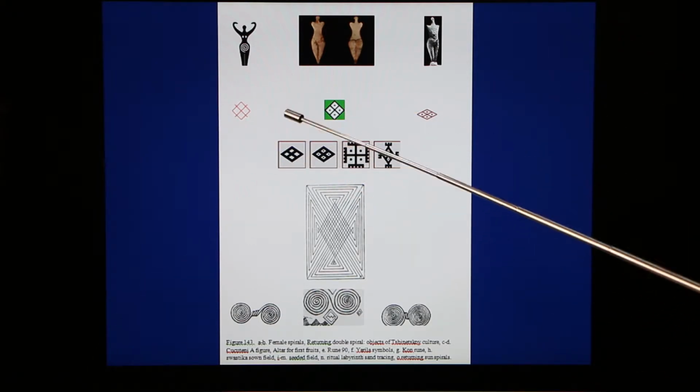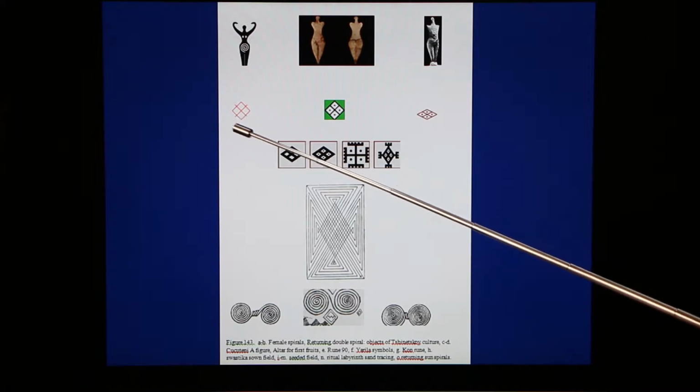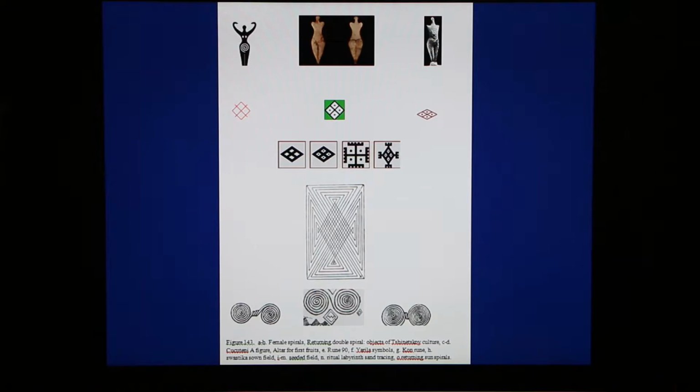And then we have this symbol, which we saw yesterday again, of the diamond shape with a square. That is called the field, but it's also the womb. And you get various versions of that. And you get very complicated dances where that creates a kind of labyrinth. And then you get versions that look like this, and like this, and like this.